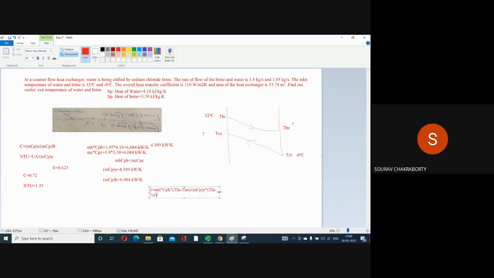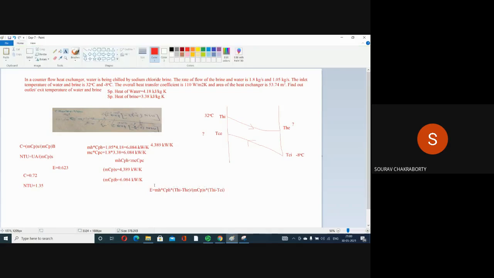That we know, considering the heat given by the hot fluid. In this expression we can put the effectiveness value 0.623, then the mH value, CPH value, and THI. The smallest value MCPS we have already calculated, 4.389, and we have THI and TCI. So from this expression we can determine the value of THE.